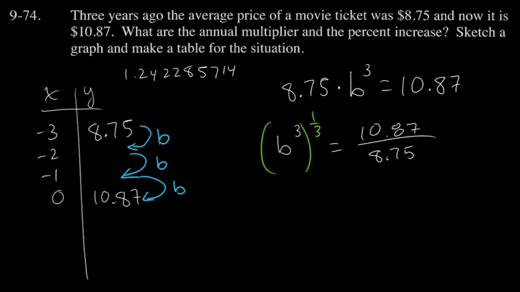The reason why I'm going to do that is b to the third to the 1/3 is going to give me b, and I'm going to raise the other side to the same 1/3 power. So when I do this, I now know b is, drum roll.